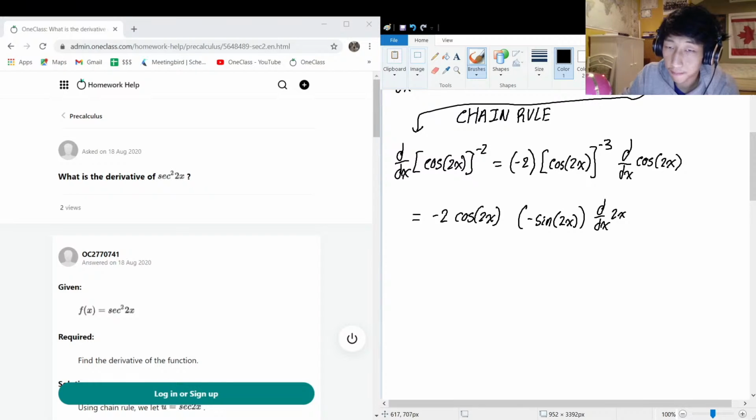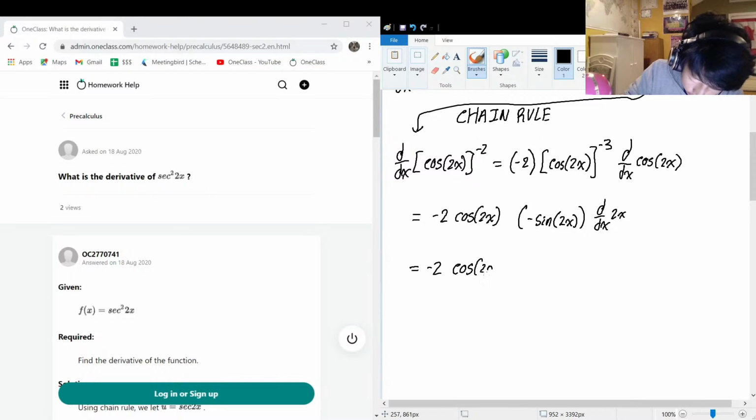So we can write it out like this. This will be negative 2 cos 2x to the power of negative 3. Actually, this negative becomes a positive, those two negatives become positives, and multiplied by sine 2x, and this is multiplied by 2.